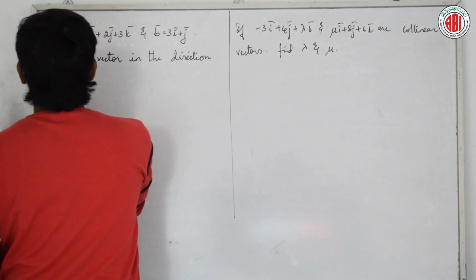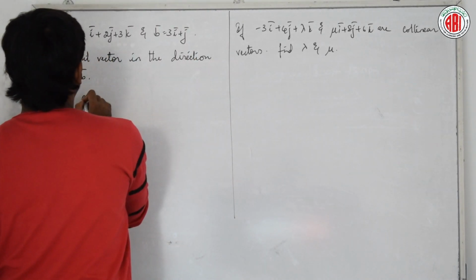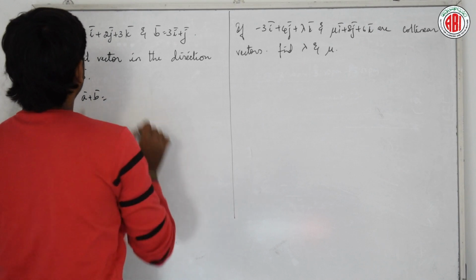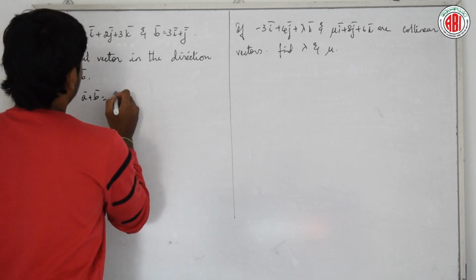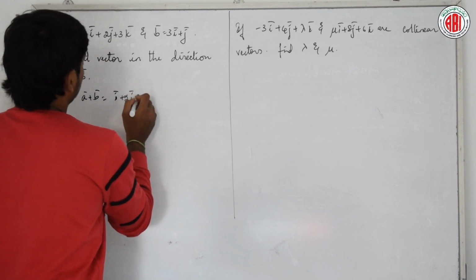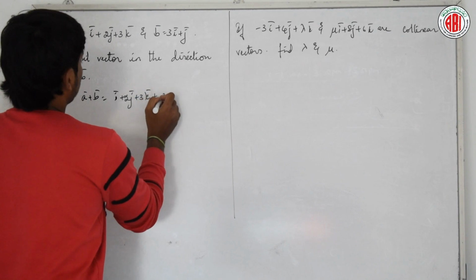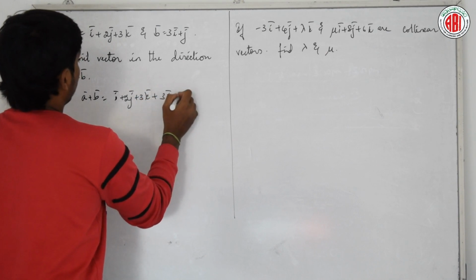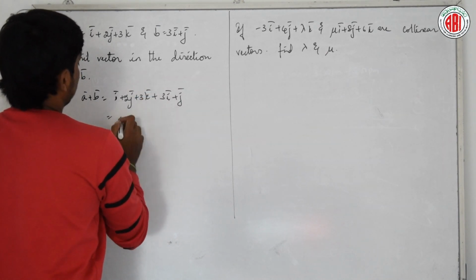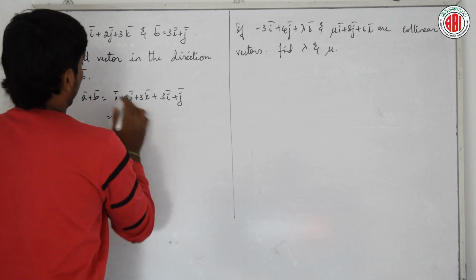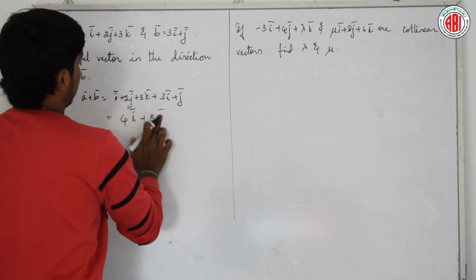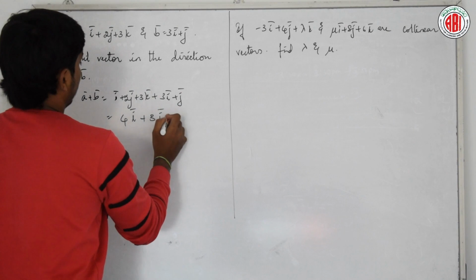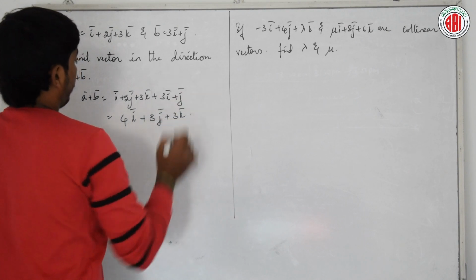So first let us add these two vectors, i plus 2j plus 3k plus 3i plus j. i plus 3i is 4i, 2j plus 1j is 3j, and 3k.